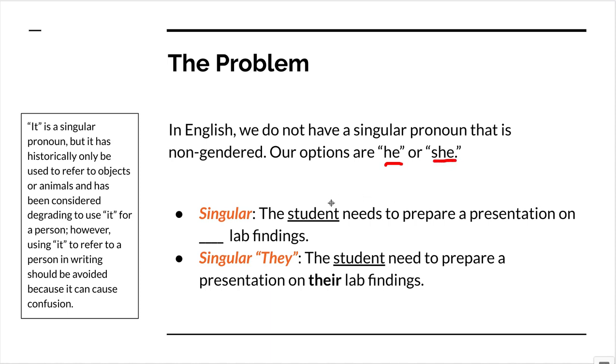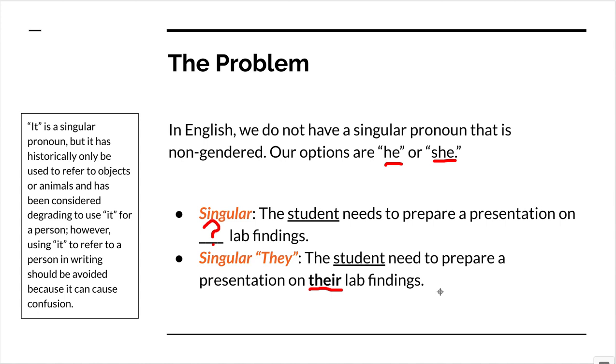So in this case, we have the student needs to prepare a presentation on what do we put right here for the pronoun? We don't have anything in English. And a common solution, and it's a solution that's been around for hundreds of years, is we just plug in they there when we don't necessarily know the gender of the student, or we just want to be neutral about it.